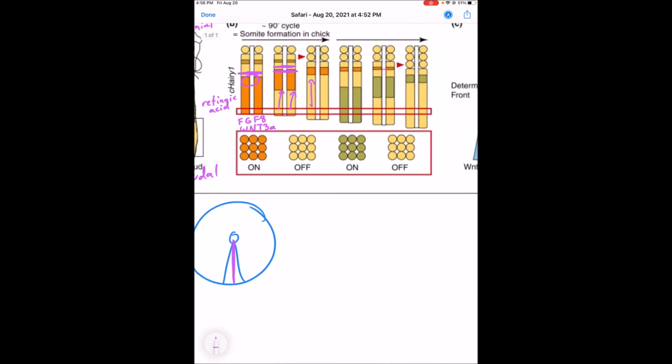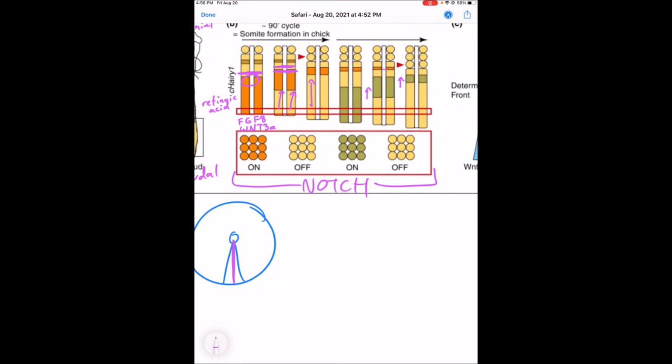Orange is one wave of notch expression, green is another wave. When one wave gets close to the cranial end, another wave is going to start at the caudal end, and again it's going to propagate forward through the embryo until it reaches the front, and then this wave is going to induce the formation of the fourth somite. At the same time, we'll have another wave of notch starting up at the caudal end.